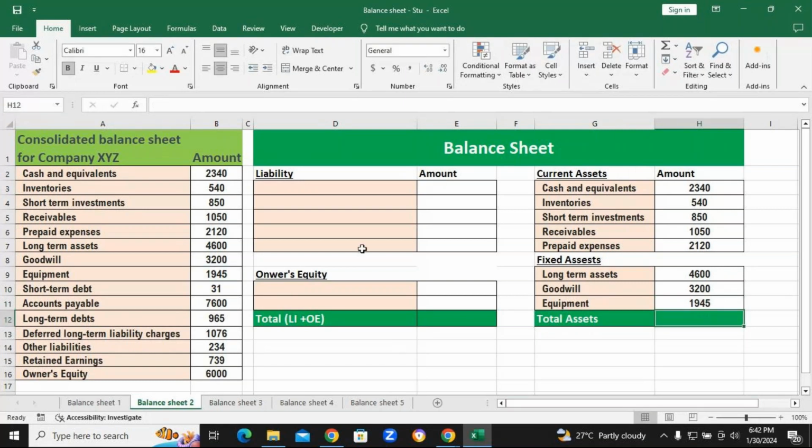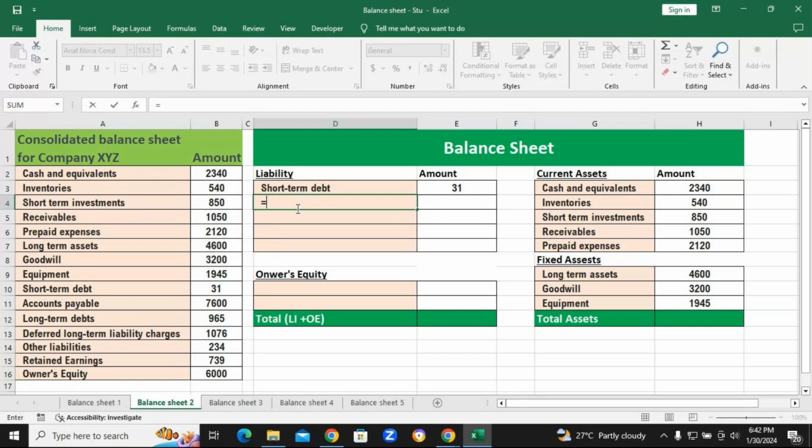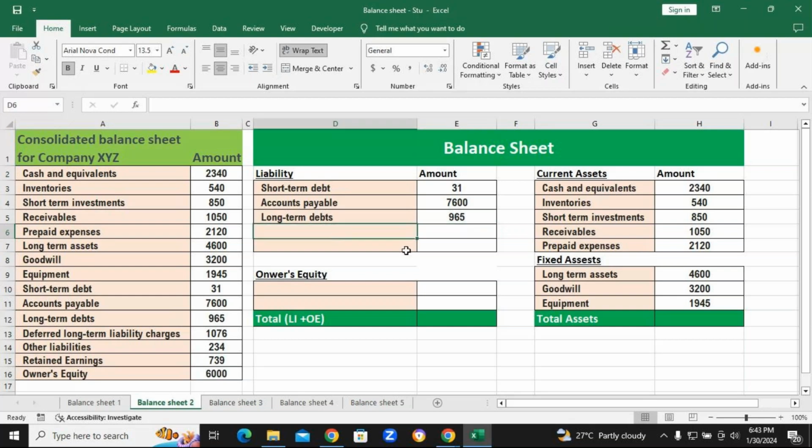Then on the liability side, it is short-term debts. Then we have accounts payable. Then we have long-term debts. So I'm just putting the line items over the respective places. So deferred long-term loan.